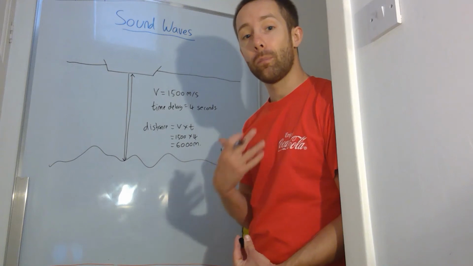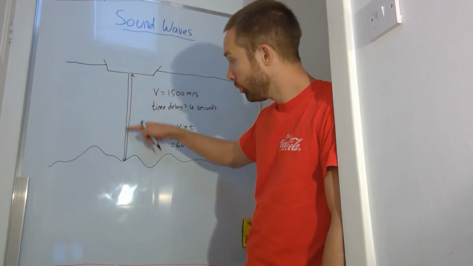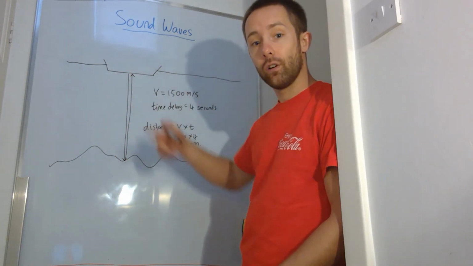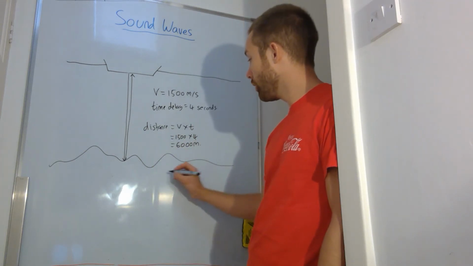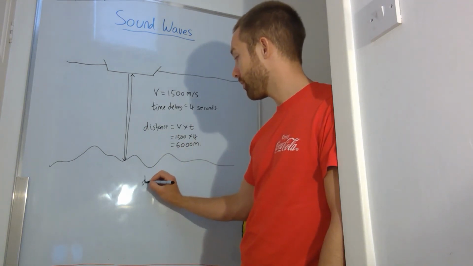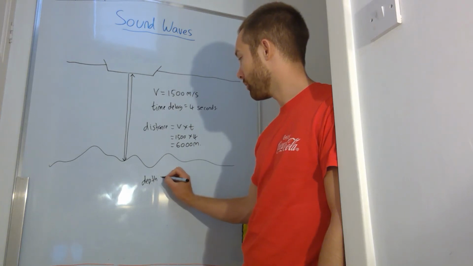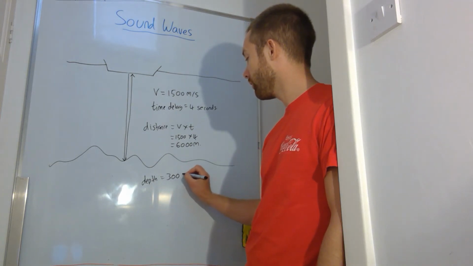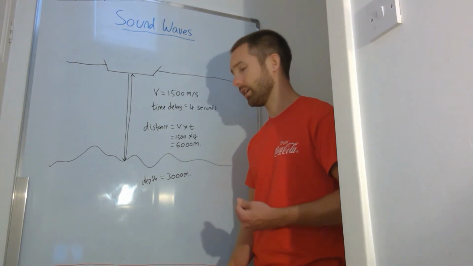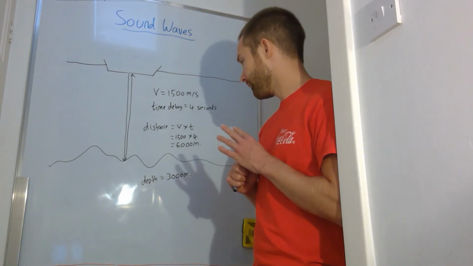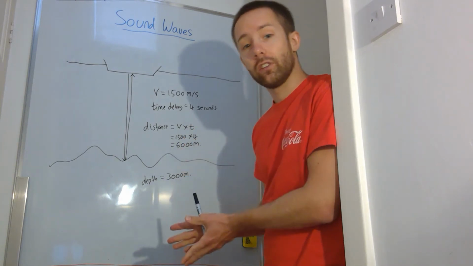We need to remember that this is the total journey length of our sound. So we're going to have to halve that to find the depth of water. So the depth is equal to 3,000 meters. This is the final stage in this calculation.